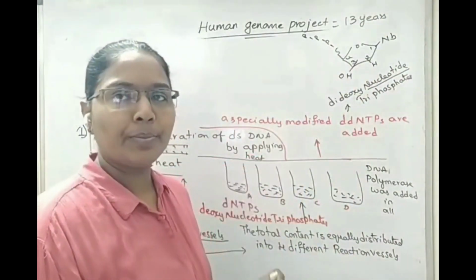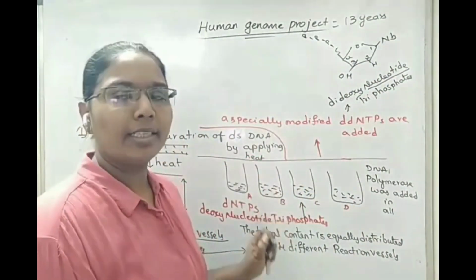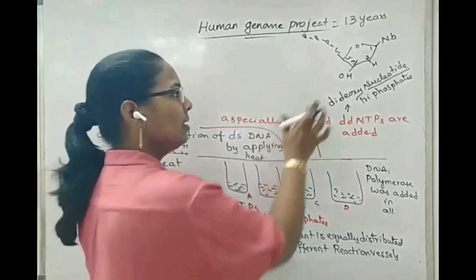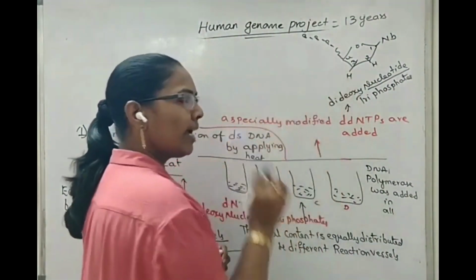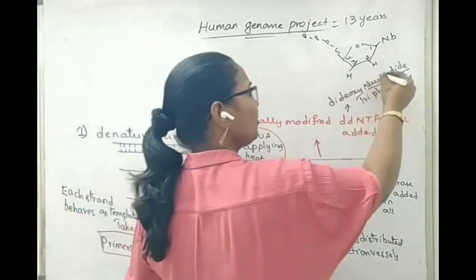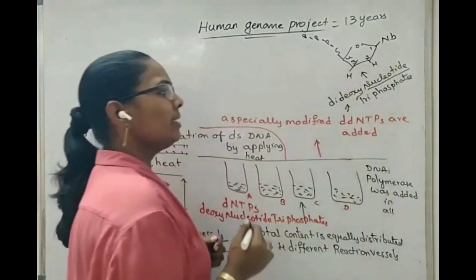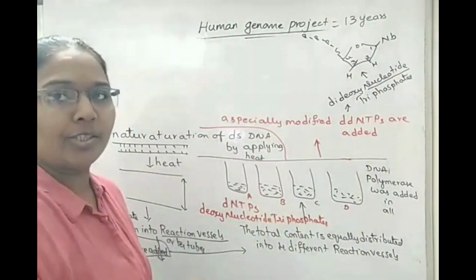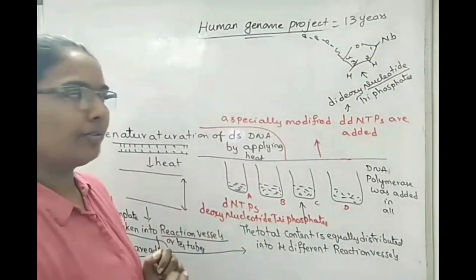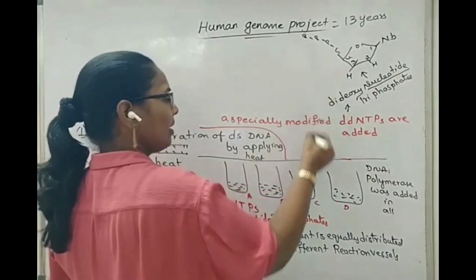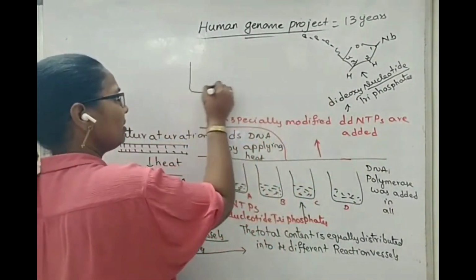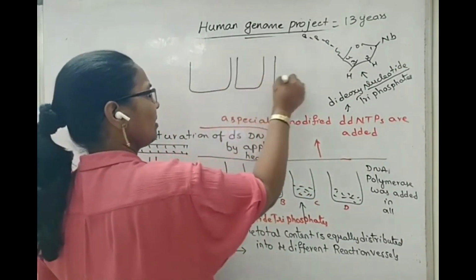If the OH group is present, then that can be called a deoxynucleotide triphosphate. If the oxygen is removed and only hydrogen is present, then that type of nucleotide is called a dideoxynucleotide. That is specially modified for sequencing. Now, ddNTPs are added again to the 4 different test tubes that we have taken here.